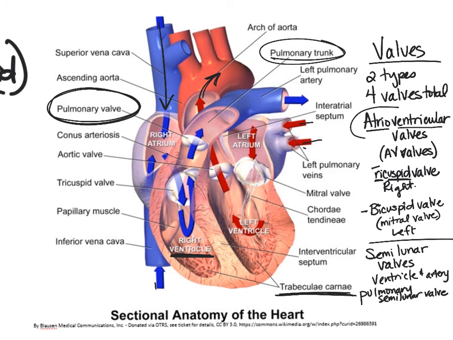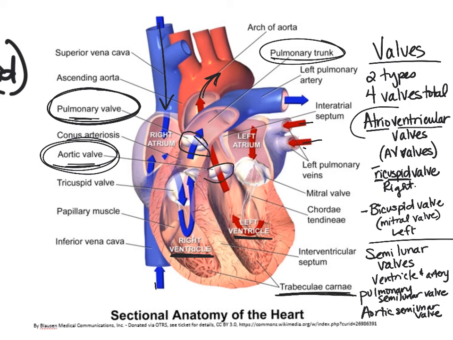So this is between the right ventricle and the pulmonary trunk. You can see it right here. On the left side, we have the aortic semilunar valve. And you can see that here. So they shortened it here to pulmonary valve and aortic valve. It's the pulmonary semilunar valve and the aortic semilunar valve. And you can see that here between our left ventricle and up here, our aorta.